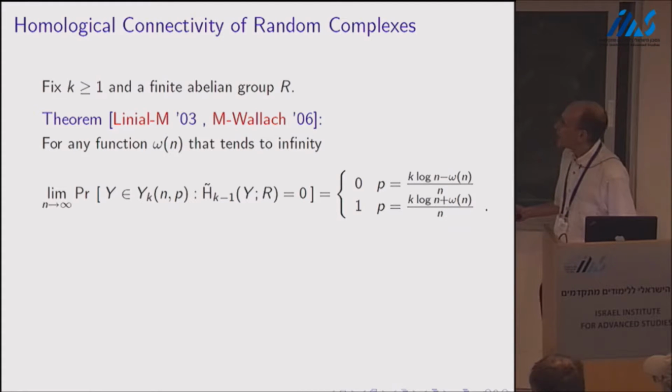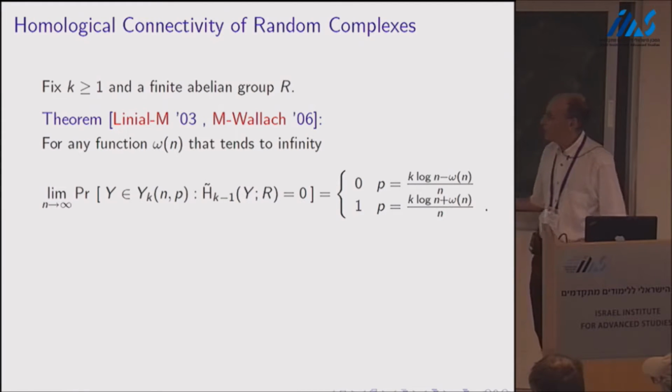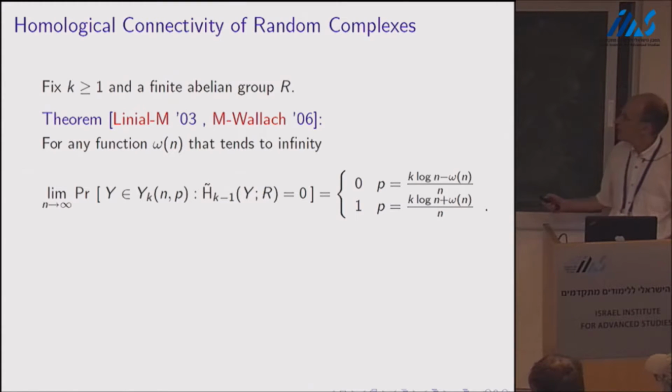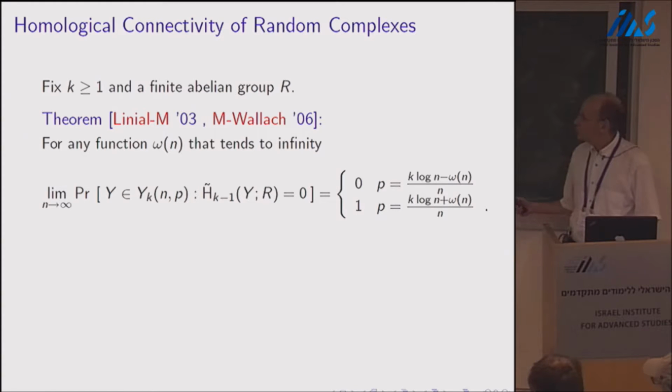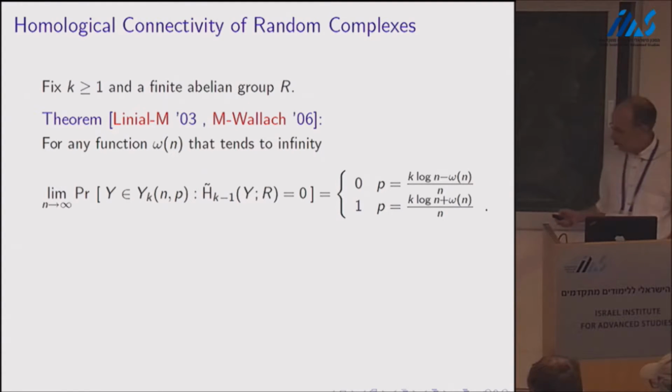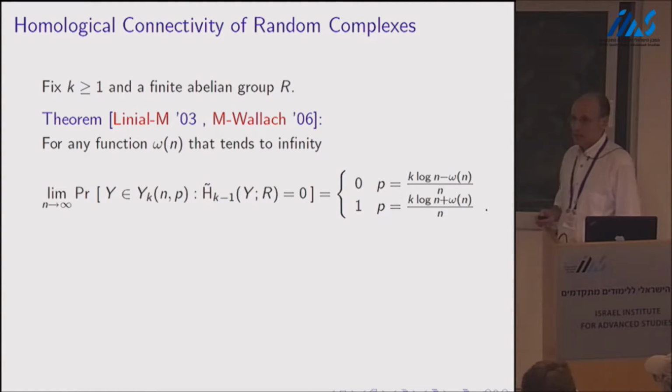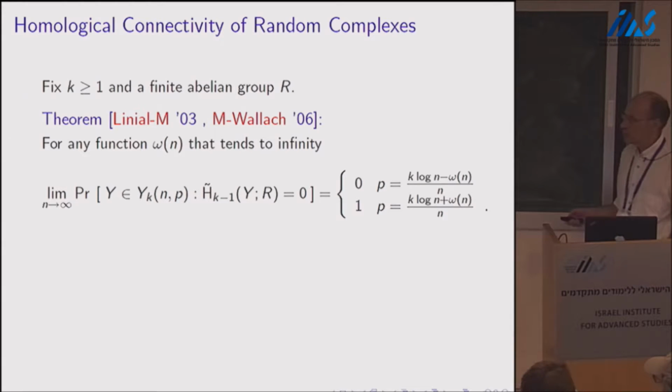But the coefficient group here has to be a finite group, and the question for an infinite group like Z has recently been resolved, at least for k equals 2, by Yuval Peled and Lubetzky, student of Nati.